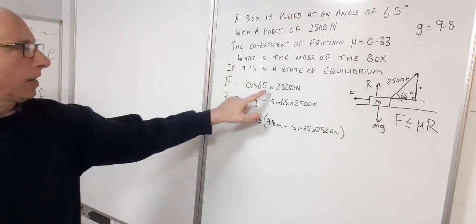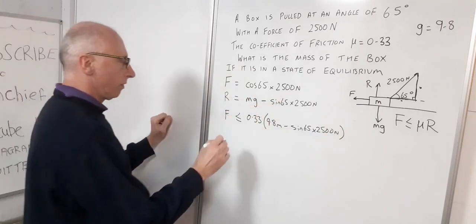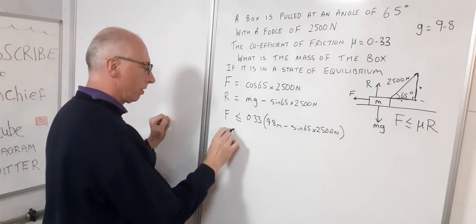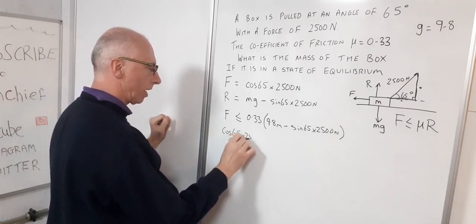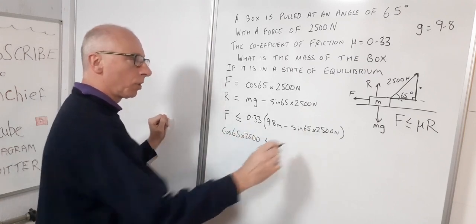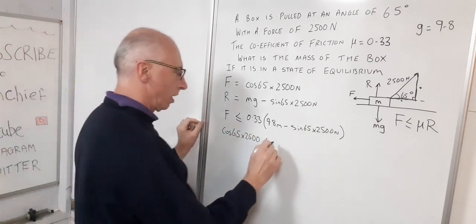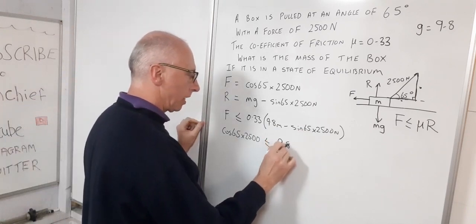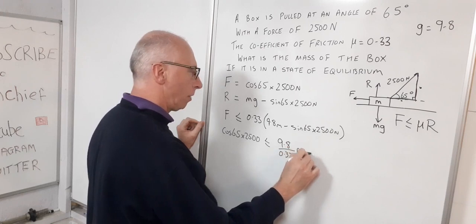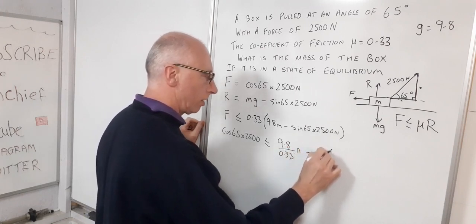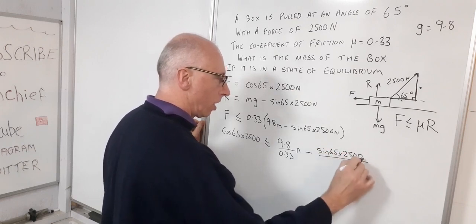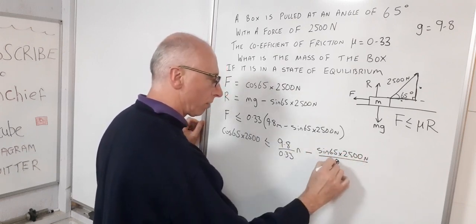Okay, well F is cosine 65 times 2,500. So I'm going to write that as cosine 65 times 2,500 less than or equal to, now let's distribute this 0.33.